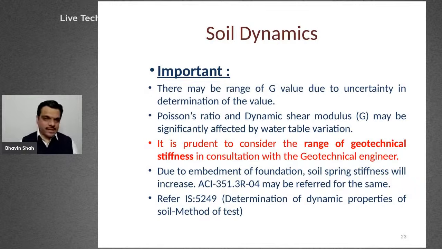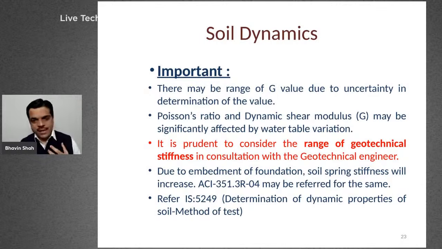As we just discussed, the Poisson's ratio and the dynamic shear modulus are very important parameters, but this parameter may be significantly affected by water table variation. So always it is prudent to consider the range of geotechnical stiffness in consultation with the geotechnical engineer.